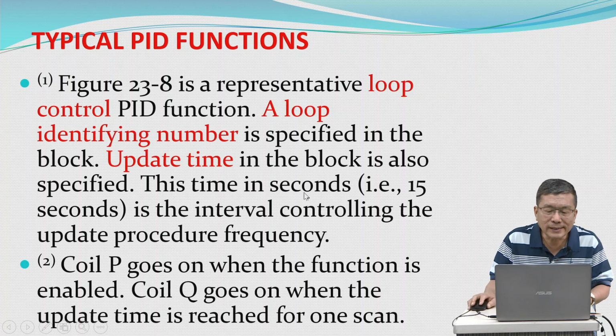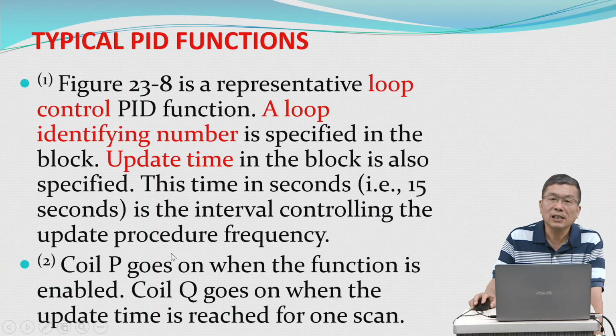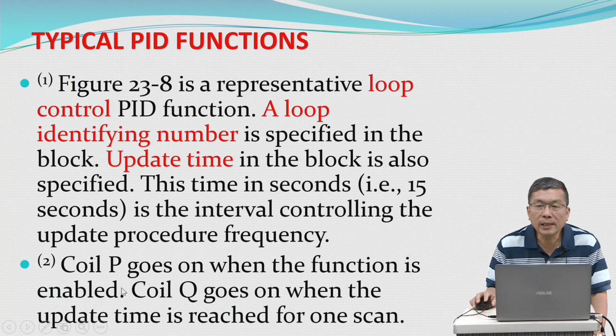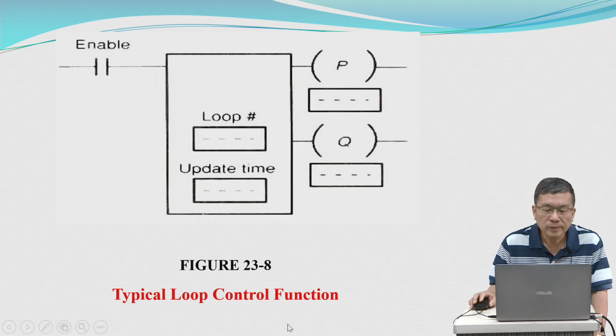The time in seconds, for example 15 seconds, is the interval controlling the update procedure frequency. Coil P goes on when the function is enabled. Coil Q goes on when the update time is reached for 1 second. This picture shows typical loop control functions.